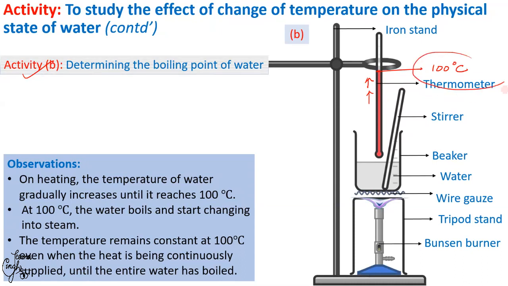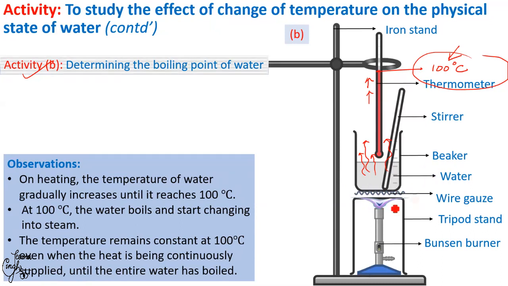At this temperature, the water begins to boil and convert into steam. Although with more heat, more steam is generated, the thermometer reading remains constant at 100 degrees Celsius until the entire water has converted into steam.